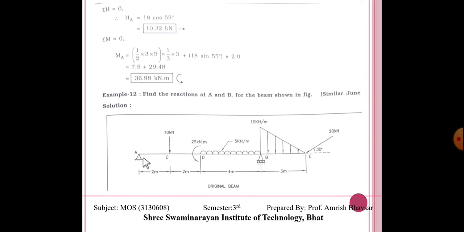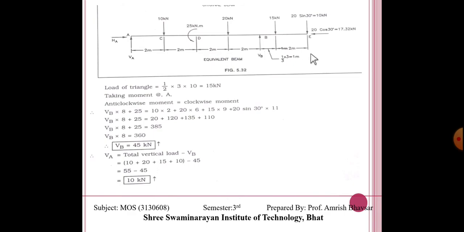Another case, it is also an overhang beam loaded with point load, UDL, UVL, moment, inclined force, all kinds of forces. So here we will get VA and HA, and here VB. Now we have to first convert these forces into the simplest form.